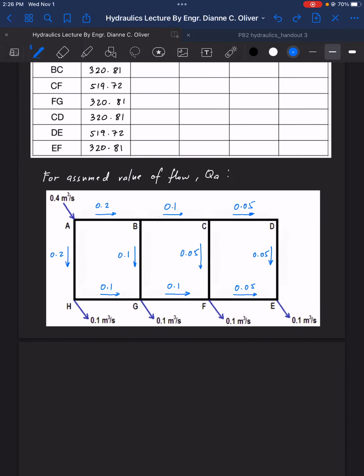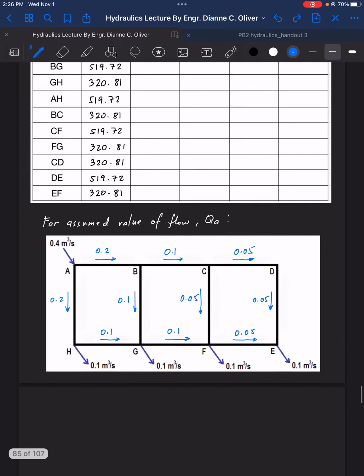Therefore, our assumption here is still correct, that is, there is continuity of flow. So there is balance here. The inflow and the outflow are still correct. So these are our assumed flows.